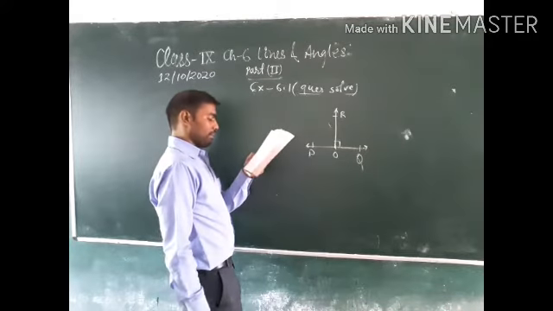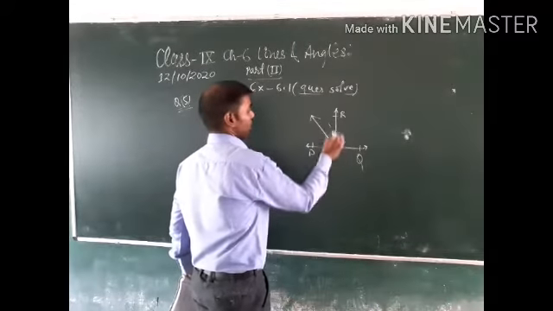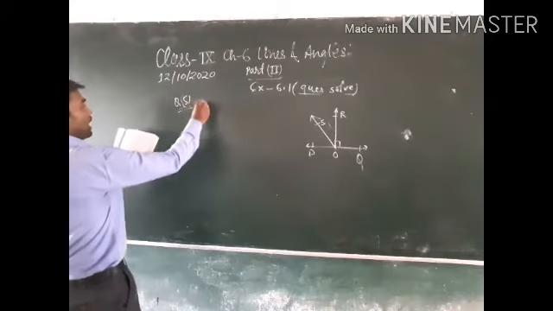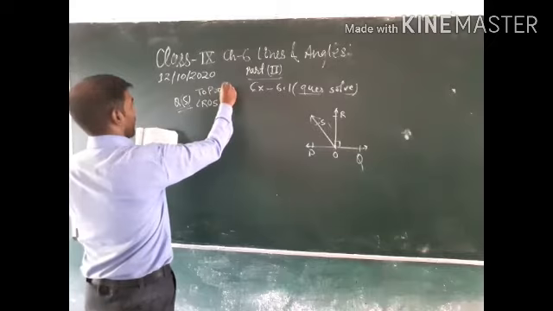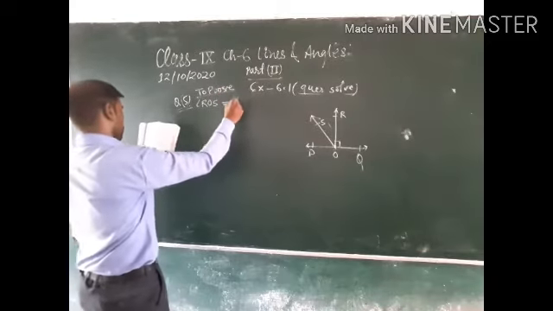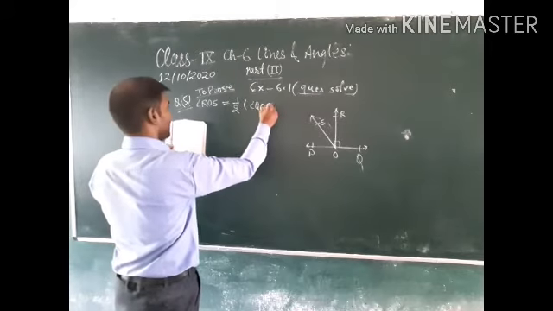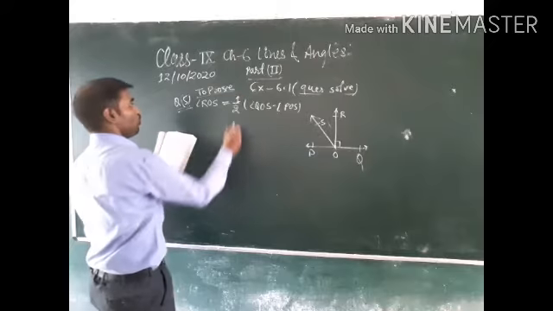OS is another ray between OP and OR. To prove: angle ROS is equal to half of (angle QOS minus angle POS).